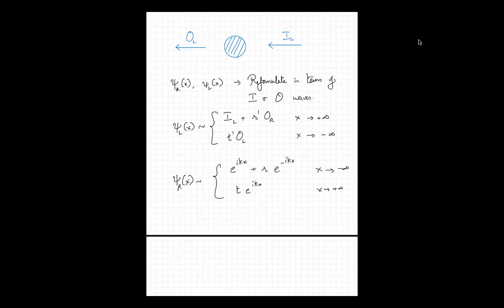But notice that since I am using outgoing and incoming, I no longer need to keep track of whether x is plus infinity or minus infinity, because if I am looking at the solution for psi l of x, IL is always x equal to minus infinity. Outgoing OR is also exactly the same way. So I don't have to keep track of it, but if you want, you can always keep writing it. That is not a problem.